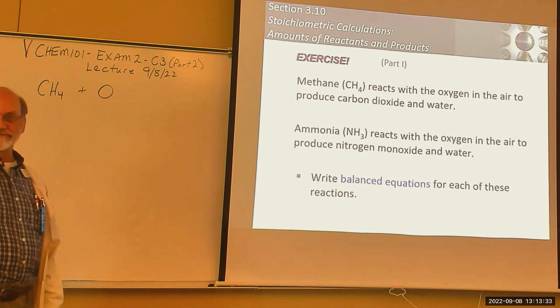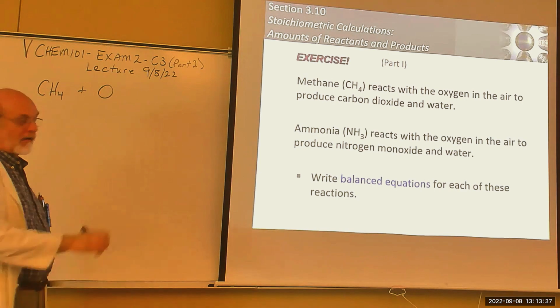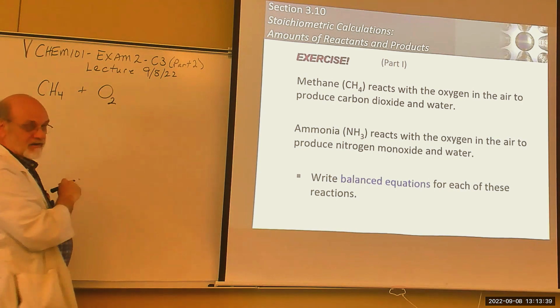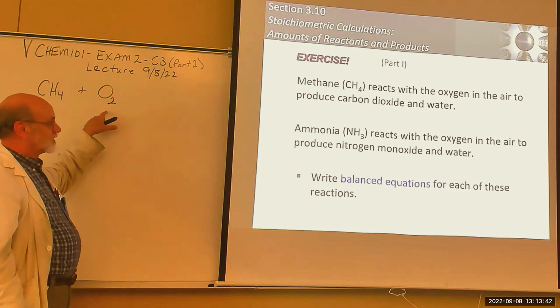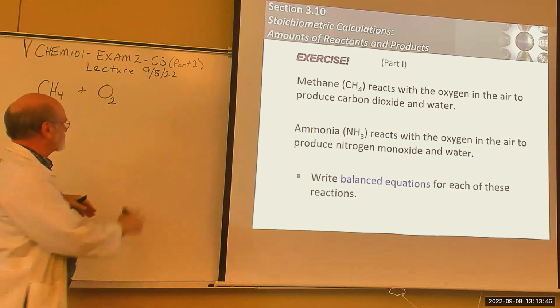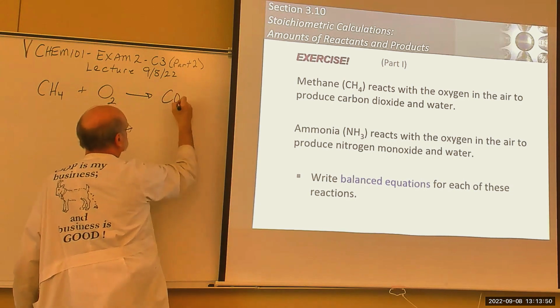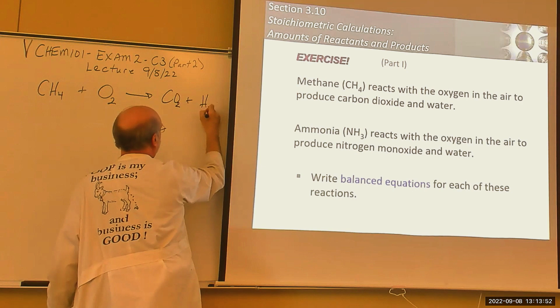Oxygen in the air. Remember, it's one of those diatomics. If you miss that little detail, the rest of the problem is lost. And produces what? Carbon dioxide and water.